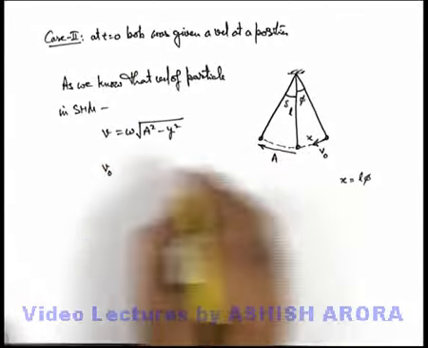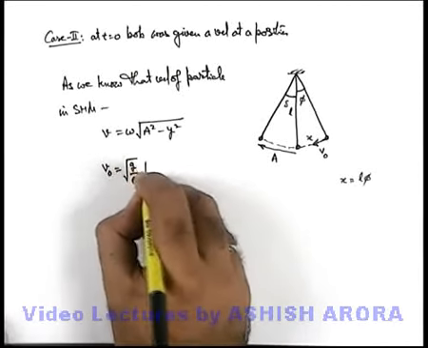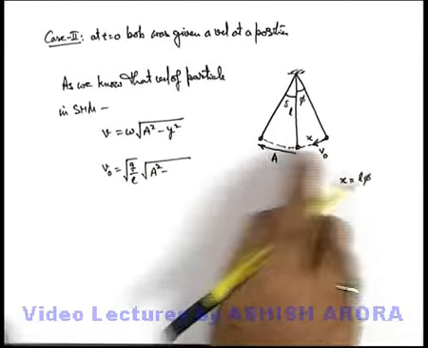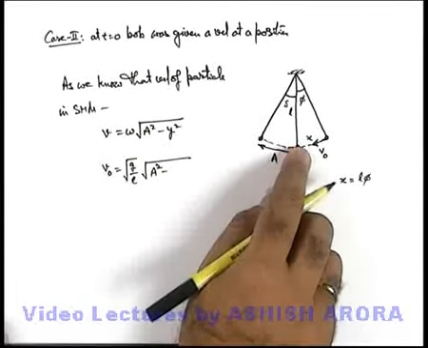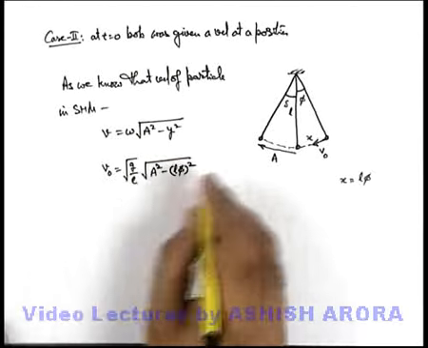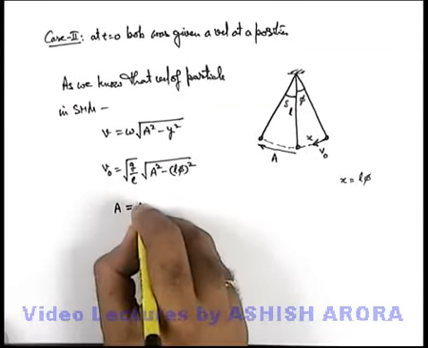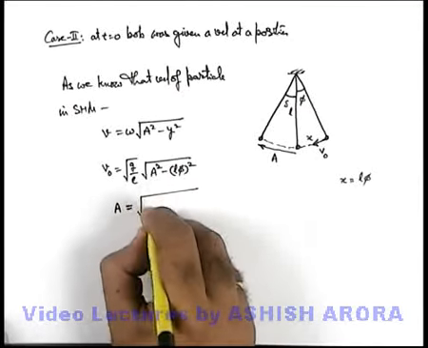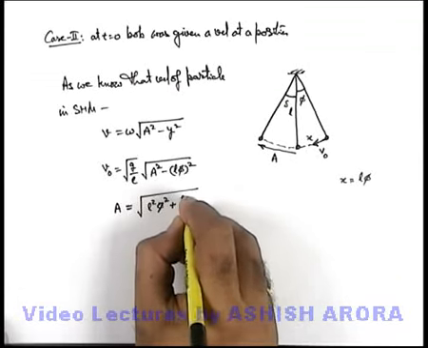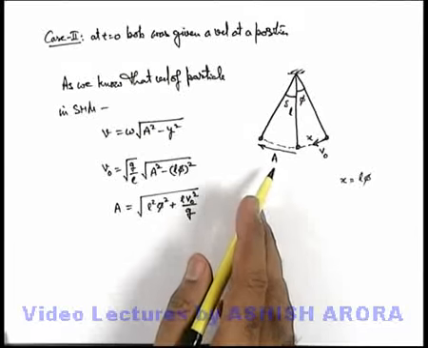Angular frequency of SHM we already know is root of g by l multiplied by root of A square minus the initial displacement when the velocity is v0, which can be written as x, or L phi, square. On solving this expression, we'll get the value of amplitude, which is root of L square phi square plus L v0 square by g. This is the amplitude of oscillation.